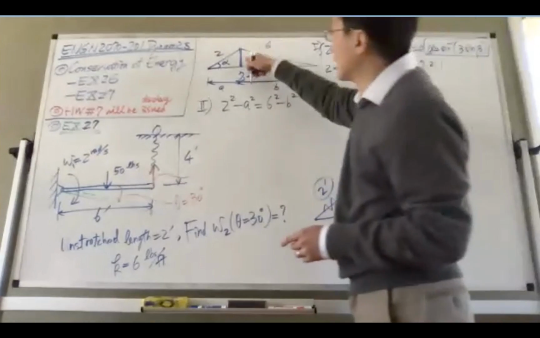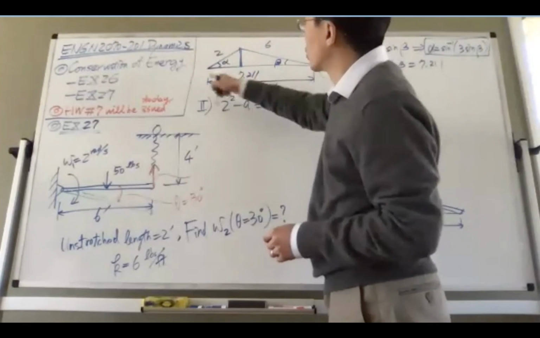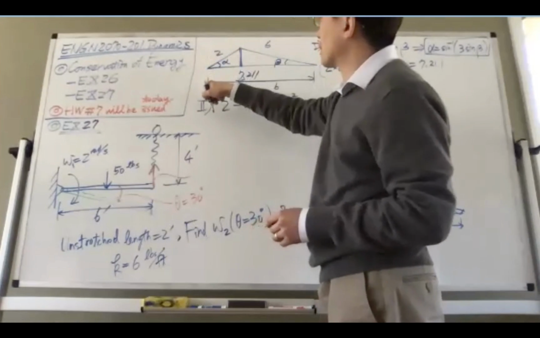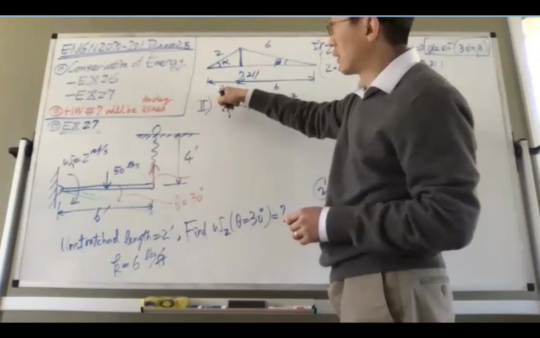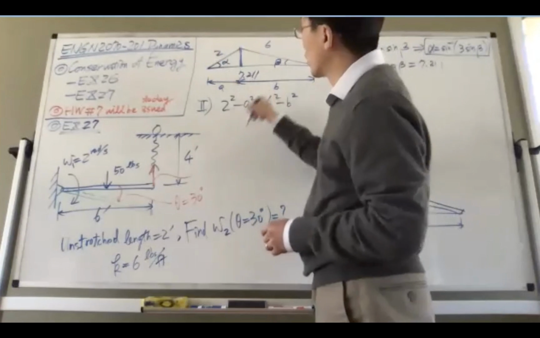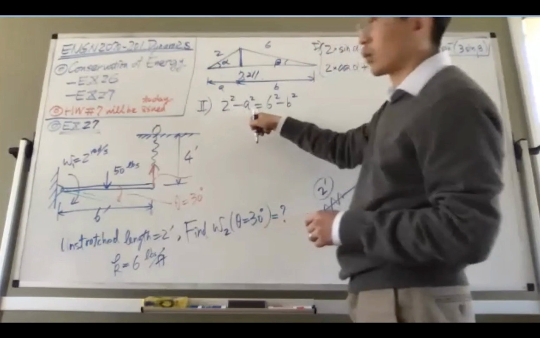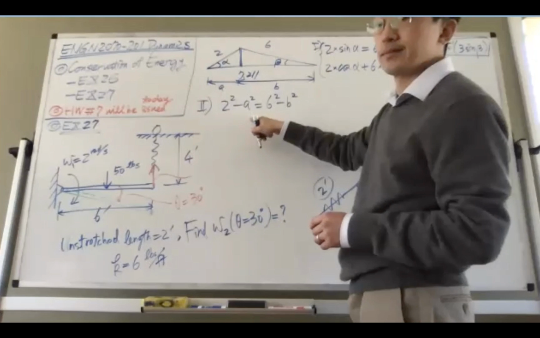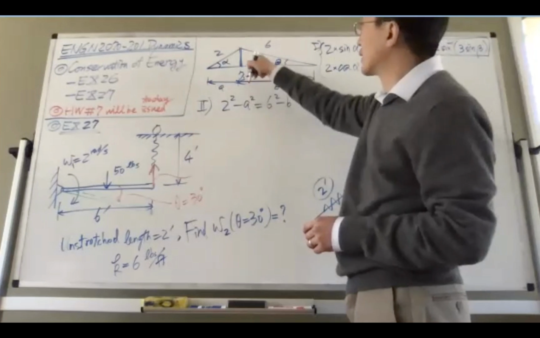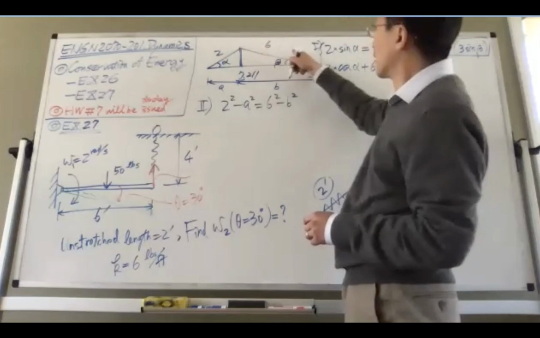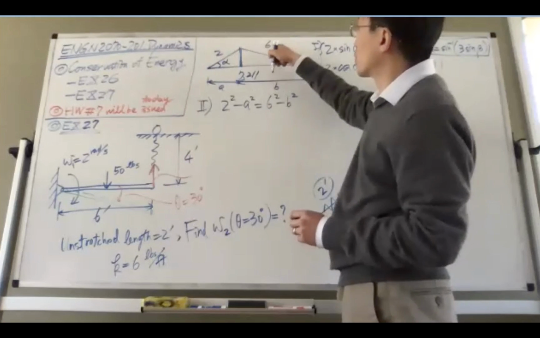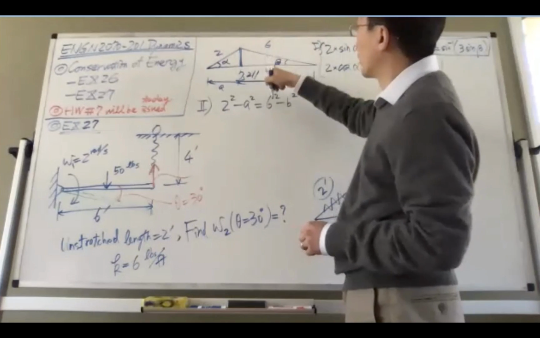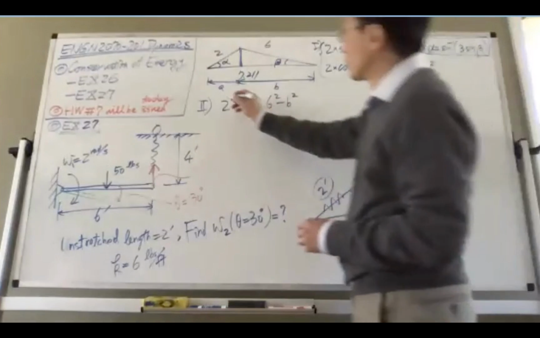It's because this length equals the square root of 2 squared minus A squared. And the same thing from the other triangle: this vertical length equals the square root of 6 squared minus B squared. So this is the first condition.